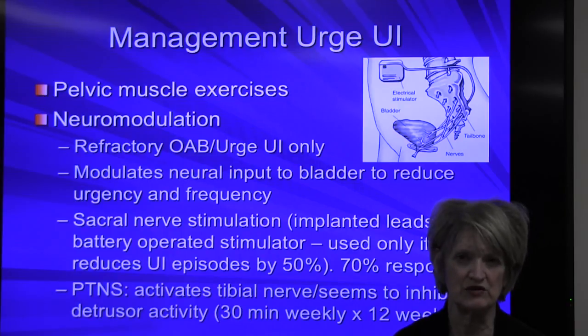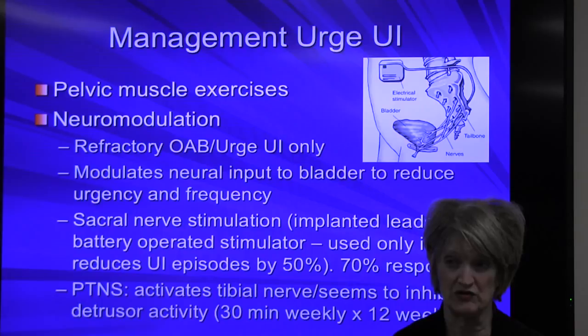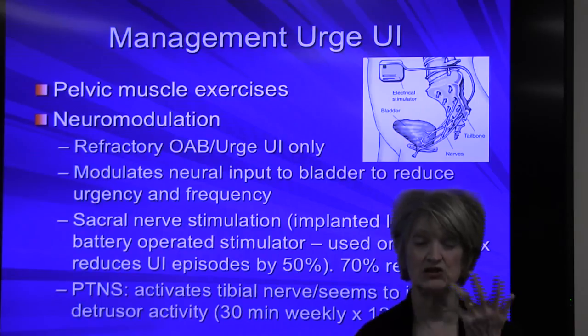So the concept with neuromodulation is if you fail to respond to other therapies, we can implant electrodes that modulate parasympathetic inputs to the bladder and make the bladder less contractile, and therefore reduce urgency and reduce frequency.